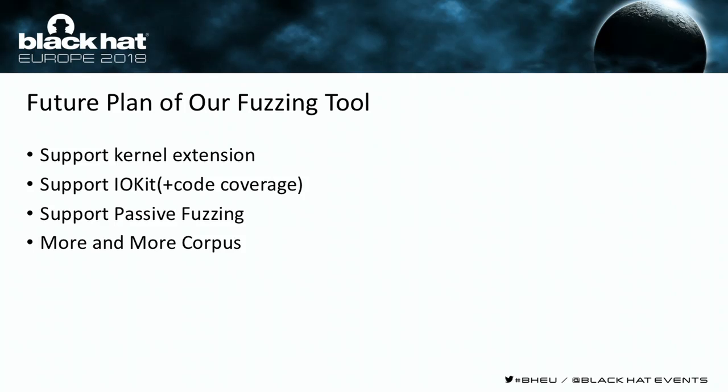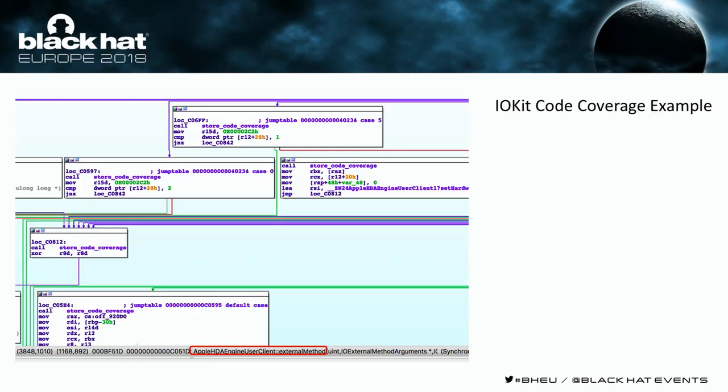You may know IOKit is a closed source binary, and I still have plans to add the code coverage for it. You can see this picture. It is a closed source IOKit binary, the Apple HDA module. It is closed source, and I already successfully instrumented the code coverage stub functions in this binary in every basic block.